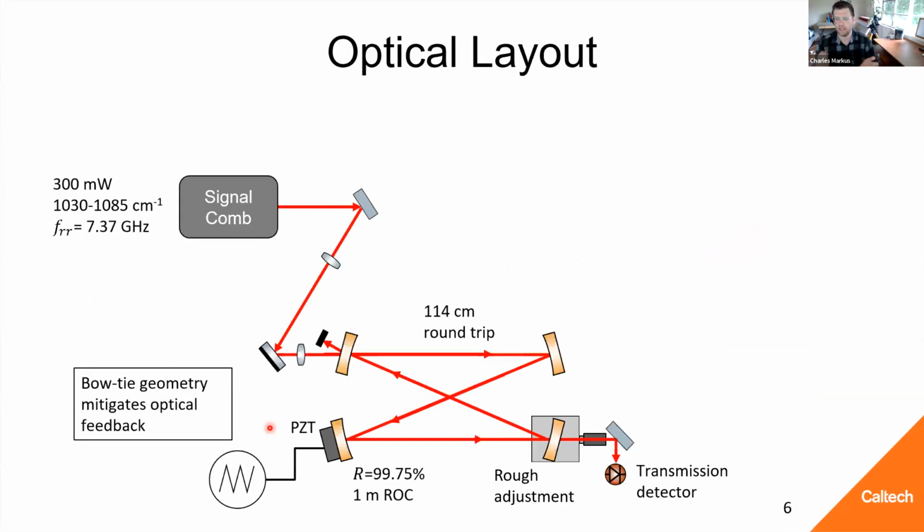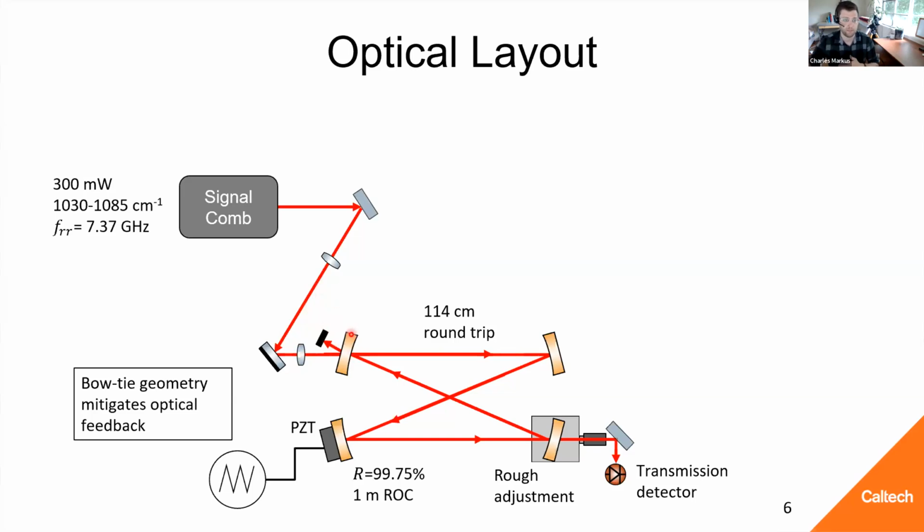And so the way that we set this up, here's an image of our optical layout. We took the signal comb, sent it through some mode matching optics and injected it into a bow tie cavity. The reason we used a bow tie geometry is that light that isn't coupled into the cavity is reflected off at an angle instead of straight back. So this largely eliminated issues with optical feedback, which was mostly coming off of, for example, lenses.